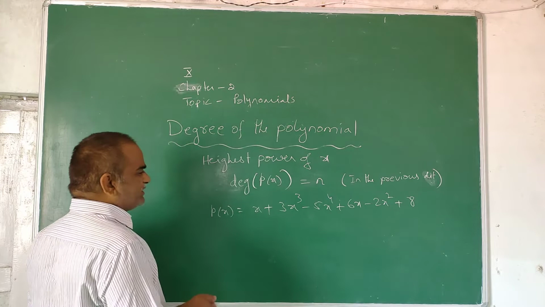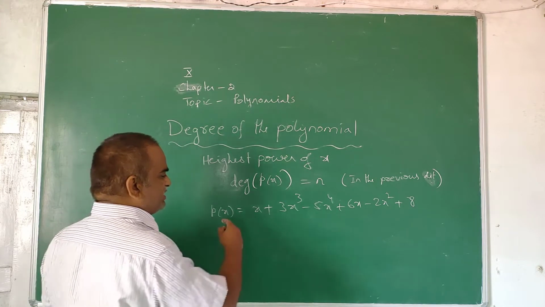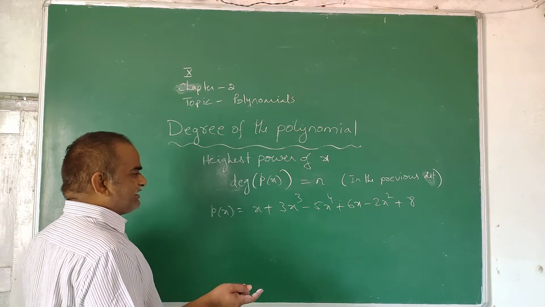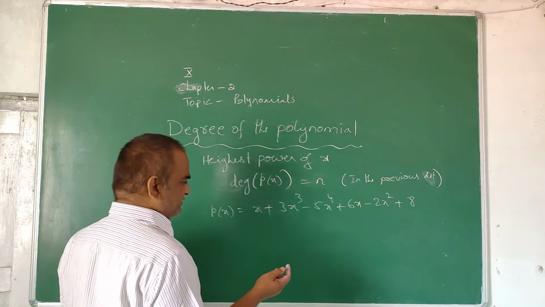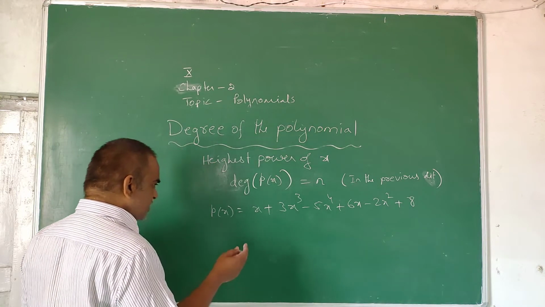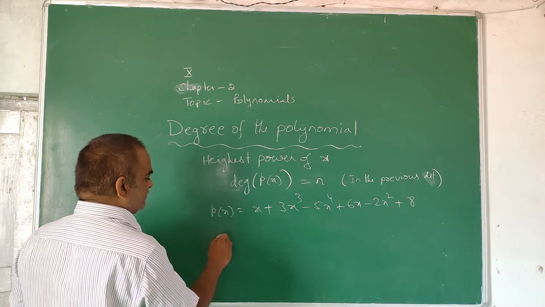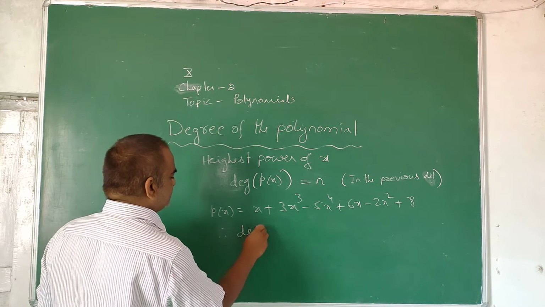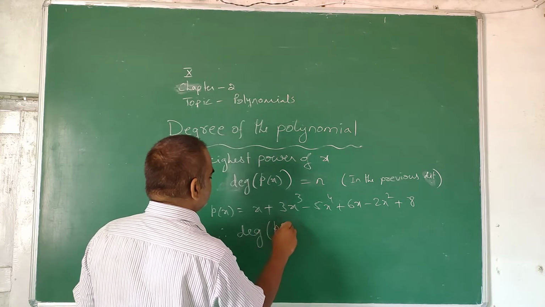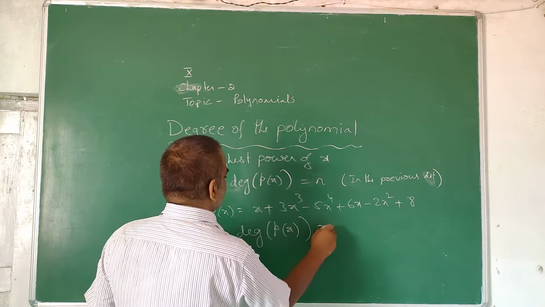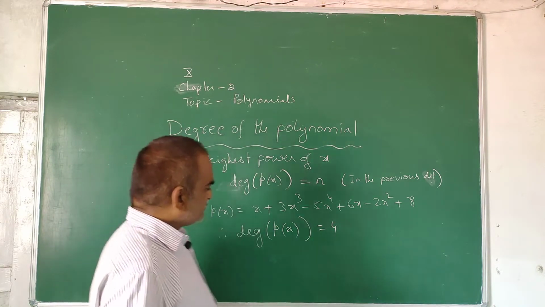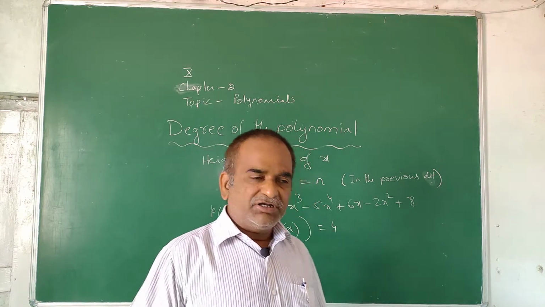So now what would be the degree of the polynomial here? Among all the terms, highest power of x you are seeing is 4. So therefore degree of polynomial here is 4. Degree of p of x is equal 4. Understood? Right.